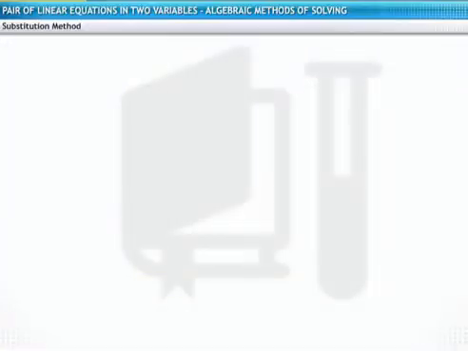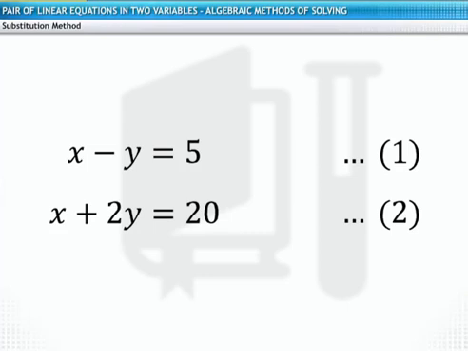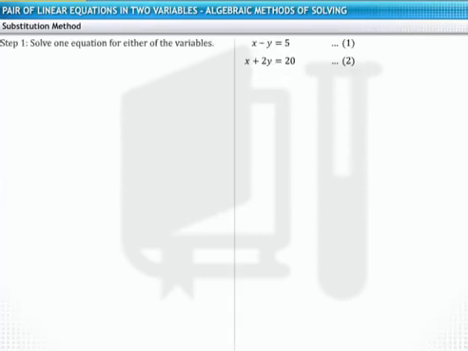Let's begin with the substitution method. Consider the pair of linear equations x minus y is equal to 5 and x plus 2y is equal to 20. The first step to solve a pair of linear equations by the substitution method is to solve one equation for either of the variables.